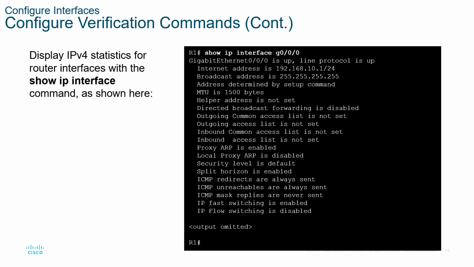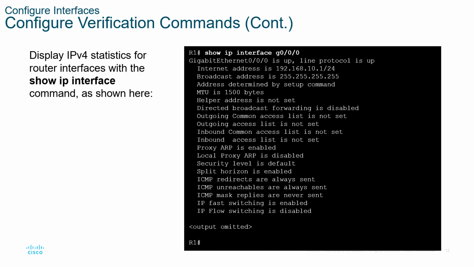And again, I can do the show IP interface G0/0/0 as well. When you look at IP, I want you to understand that IP means Internet Protocol. So again, it lists some of the same things. It tells you it's up and up. It tells you the interface's IP address with the subnet mask. It tells you the broadcast address.